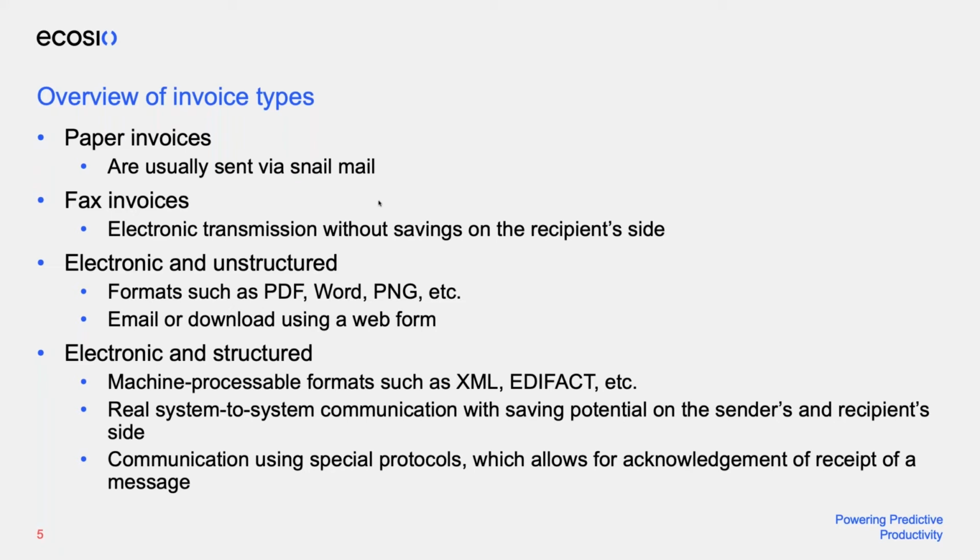What we actually aim for, and whenever we talk about e-invoicing in this webinar, we mean electronic and structured. And structured means that it is machine processable. And these machine processable formats are, for instance, XML, EDIFACT, and the like. They allow for a real system-to-system communication, and they provide savings both on the sender's and the recipient's side.